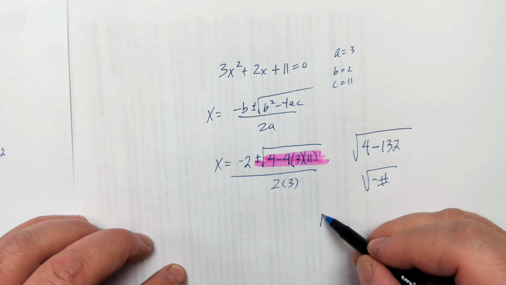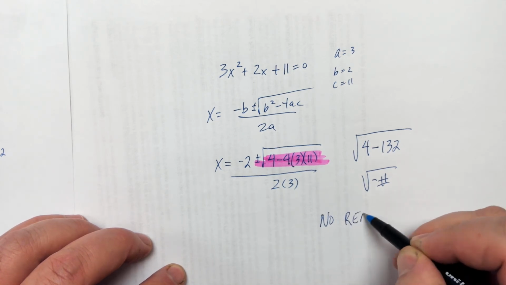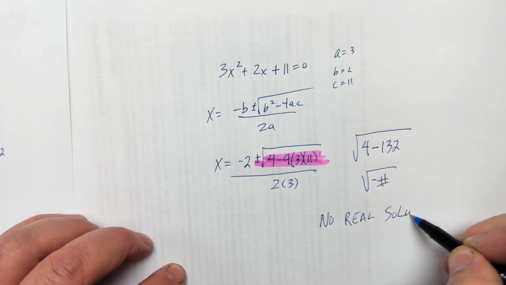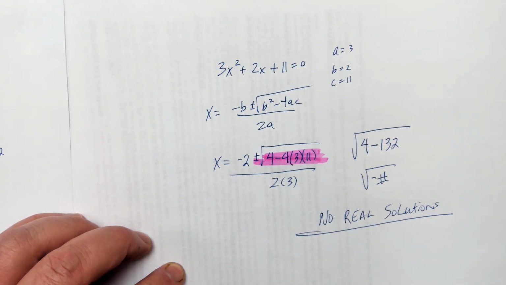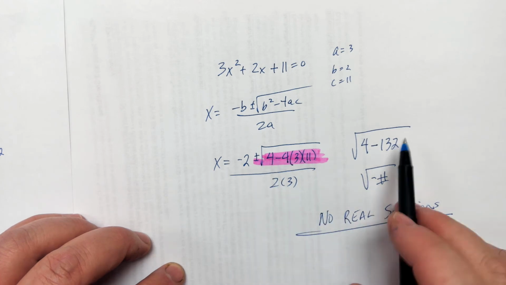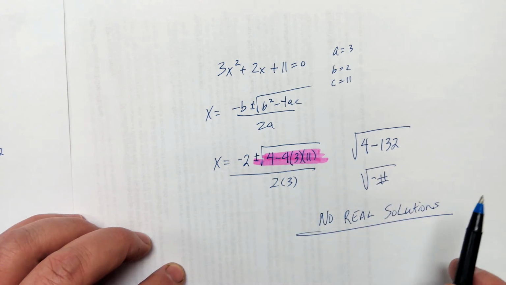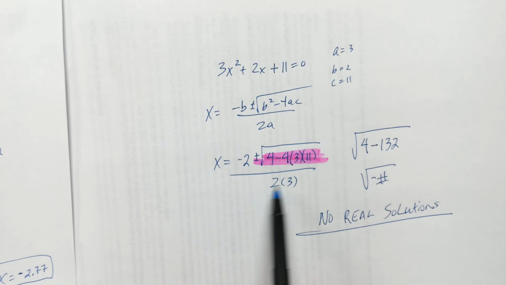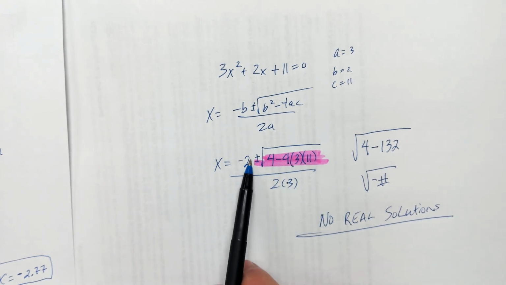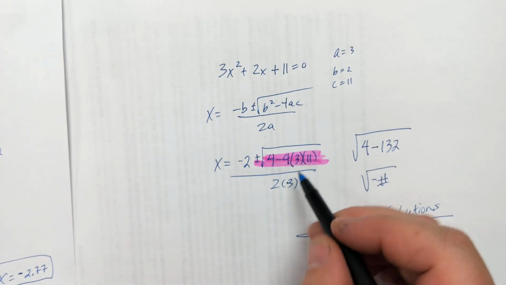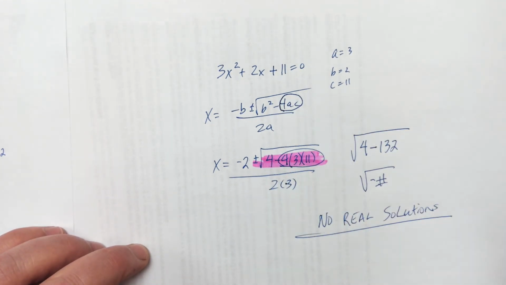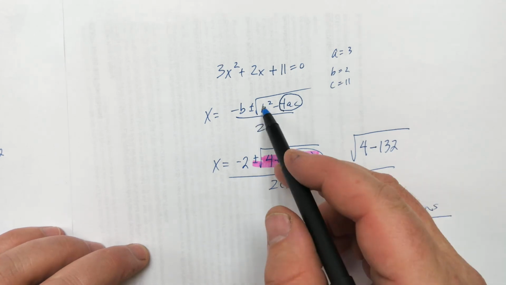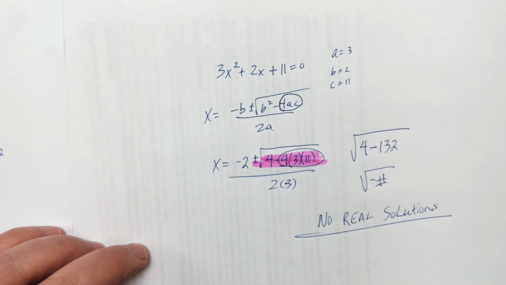That means that there are no real solutions. So you're done. Once you show that it's the square root of a negative number, you're done. You don't have to calculate this, you don't have to worry about the 2, you don't have to do anything. If this number right here is bigger than b squared, bigger than 4 in this case, in a negative, then you're done.